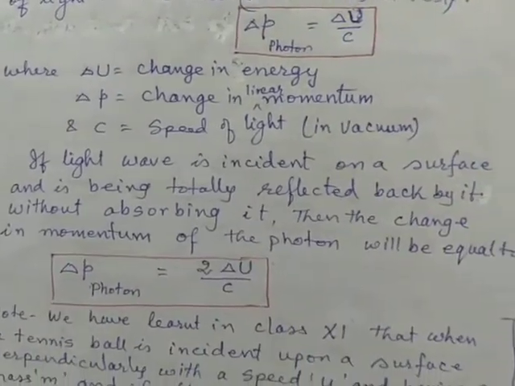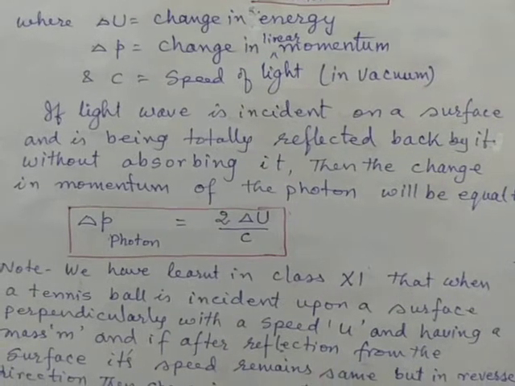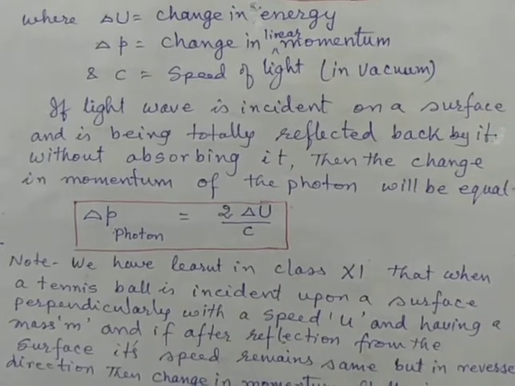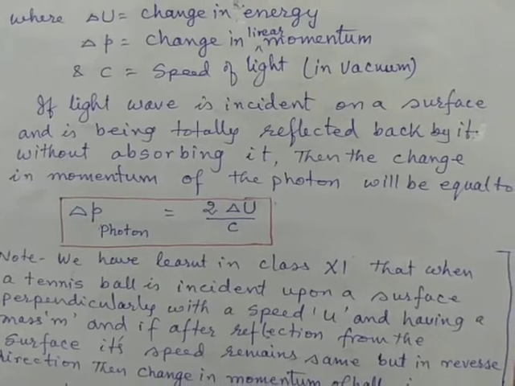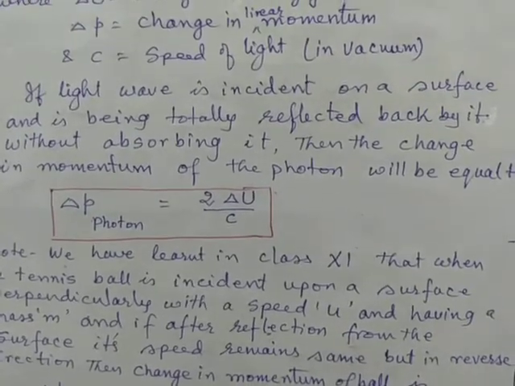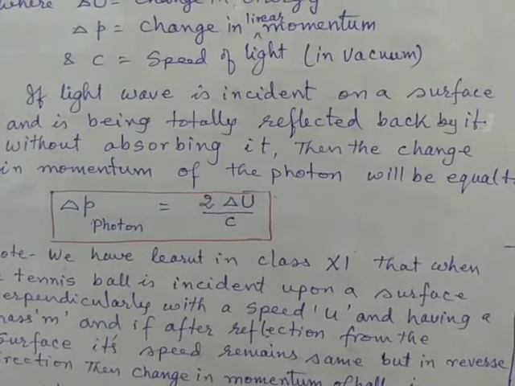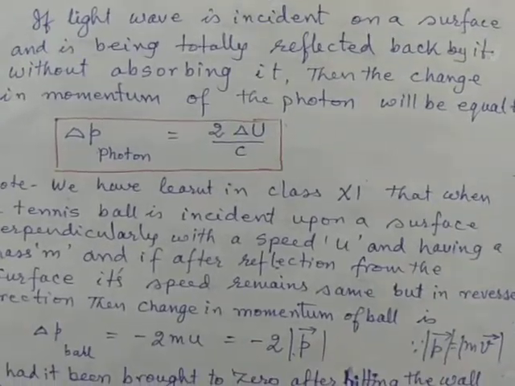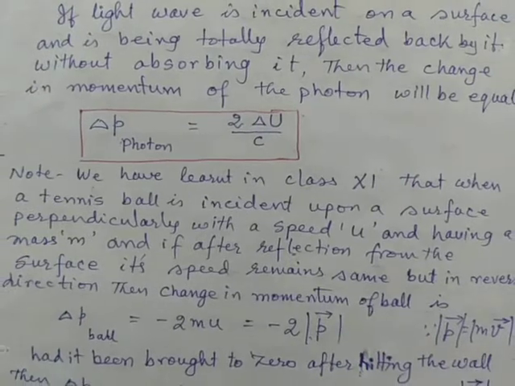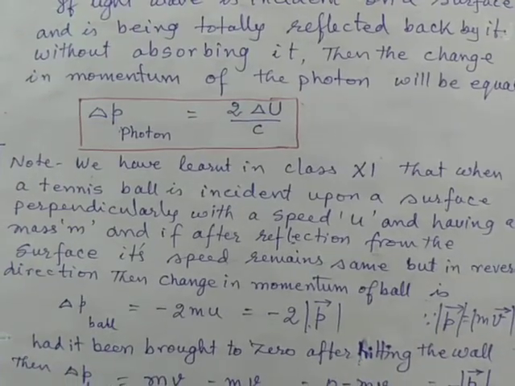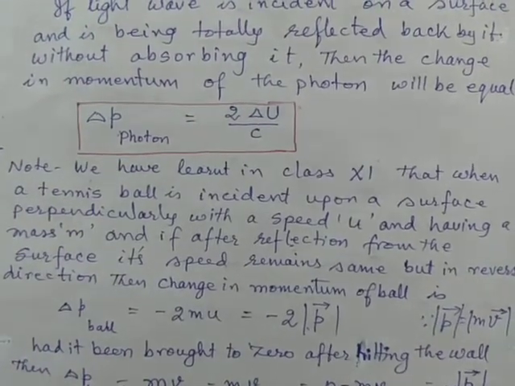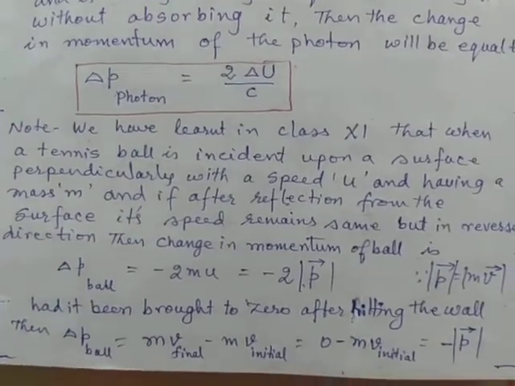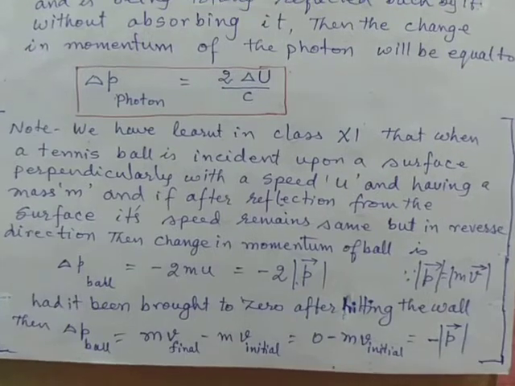If the light wave is incident on the surface and is being totally reflected back by it without being absorbed, then the change in momentum of the photon will be equal to twice delta U by C. This can be understood by the numerical which we did in class 11 with the cricket ball falling on a surface and returning back with the same speed but in the opposite direction.